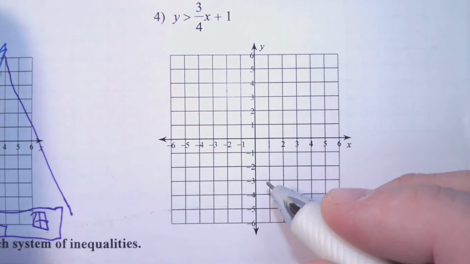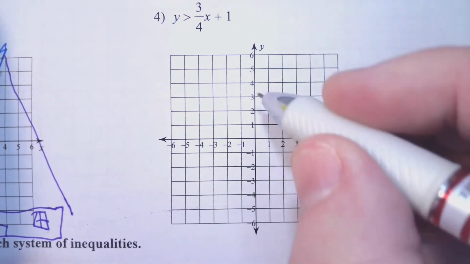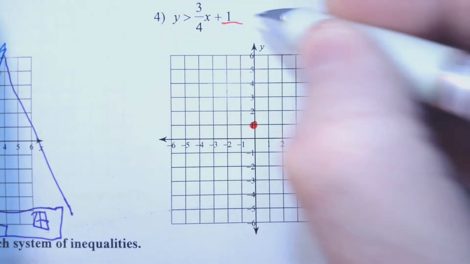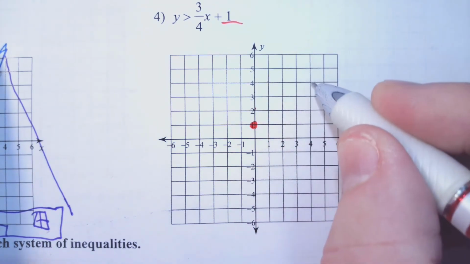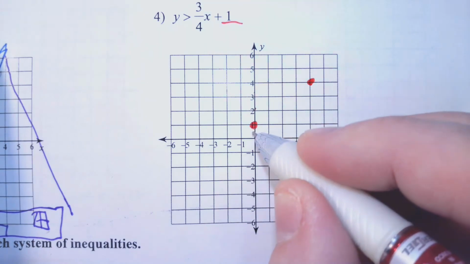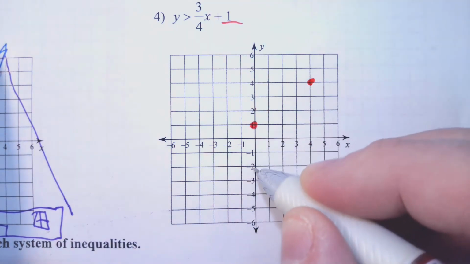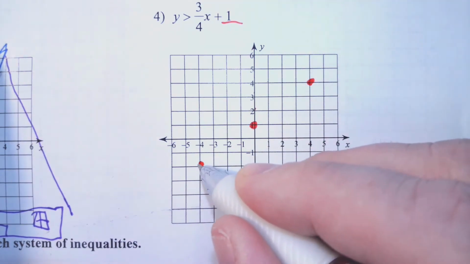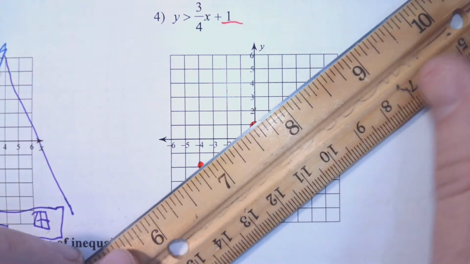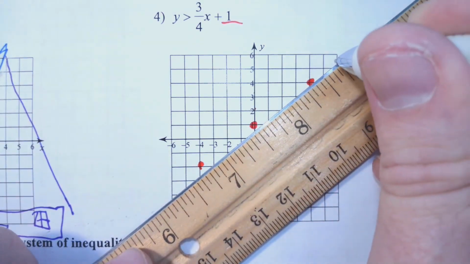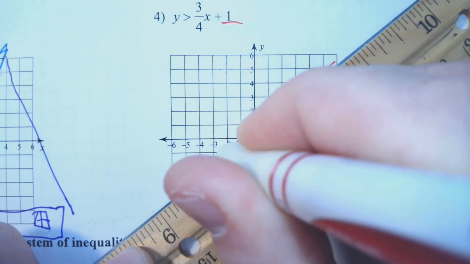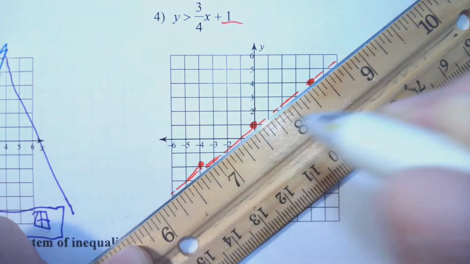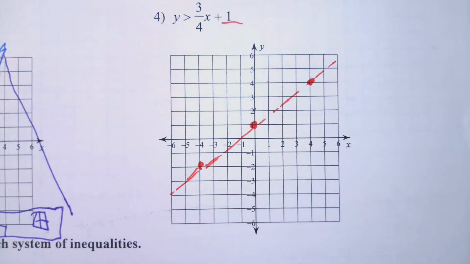Okay, let's do this one. All right, and that's 3, 4, 1, 2, 3, 1, 2, 3, and 4. Can also go down, 1, 2, 3, 1, 2, 3, 4. And this one is a dotted line. Not the best. I've got off a little bit, but make sure you have little holes in between.